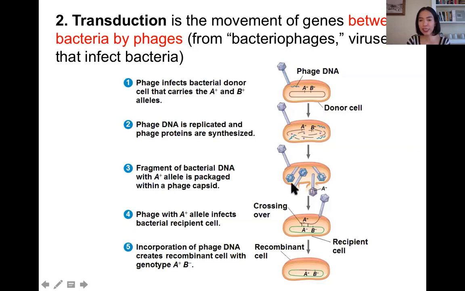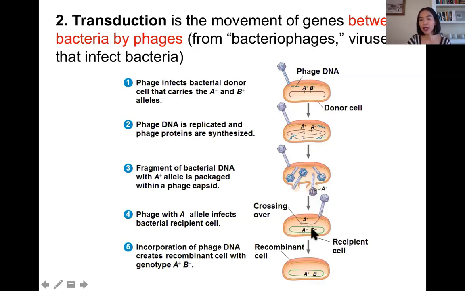So now that they get assembled, the bacteriophages are also going to have copies of DNA, and the DNA gets encapsulated in this virus, right? A piece of the DNA from the original bacteria, from the donor. And now when this bacteriophage is attacking another bacteria, it can donate this piece of DNA.